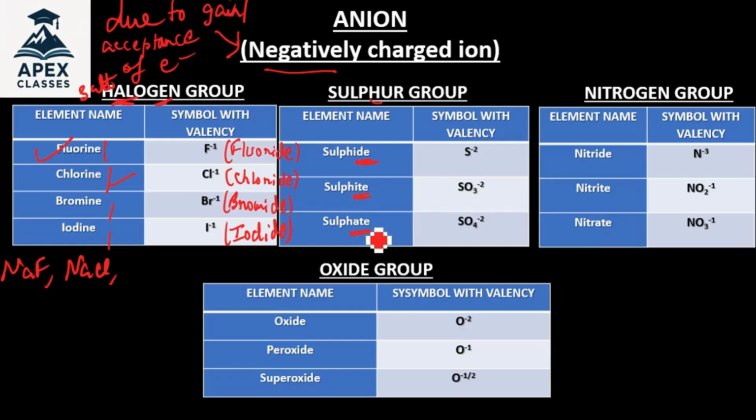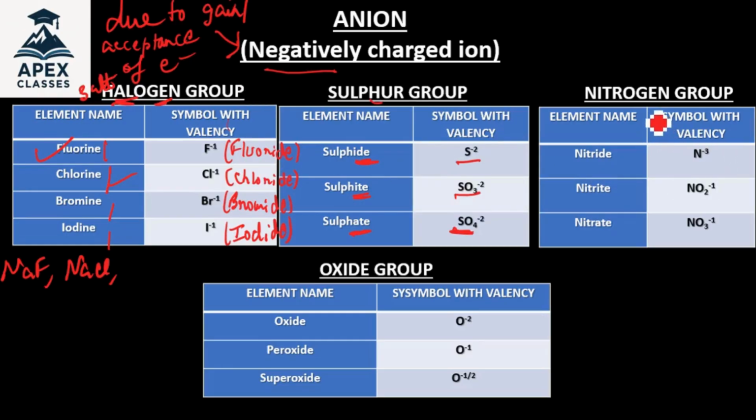Sulfide is S²⁻, sulfite is SO3²⁻, and sulfate is SO4²⁻. Now how are they coming, I will show you the mechanism in a minute.